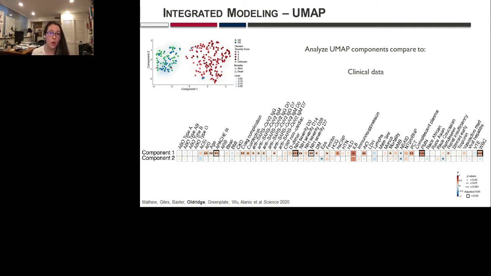You can see that it is also significantly correlated with Apache 3, which is this measure of multi-organ system dysfunction. And there are some other interesting nominal correlations here. Some measures of inflammation such as ferritin and IL-6, as well as some of the clinical counts, including PMN, which are the neutrophils, and the whole blood cell count.